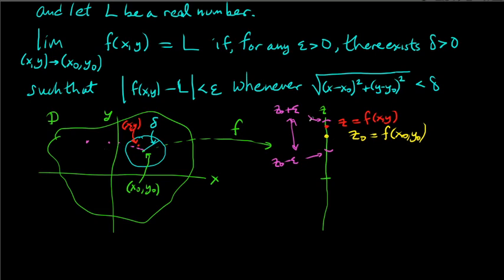So this is a little bit trickier than it was in Calc 1, where you had an interval instead of a disk. The trickier thing is that these x, y points can approach x0, y0 from the left or from the right, as would happen in Calc 1.